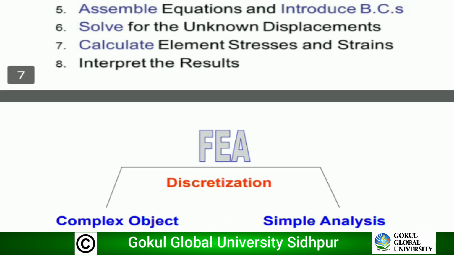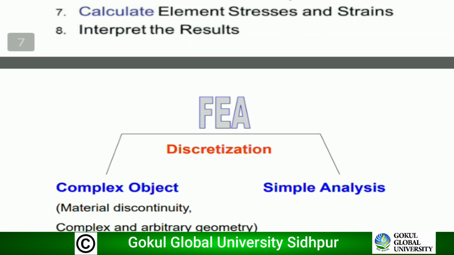Then the real world, meaning the actual system, is simplified into an idealized physical model, where temperature, pressure, force, and different types of stress come into the picture, and the displacements, that is Q1, Q2, Q3, Q4.